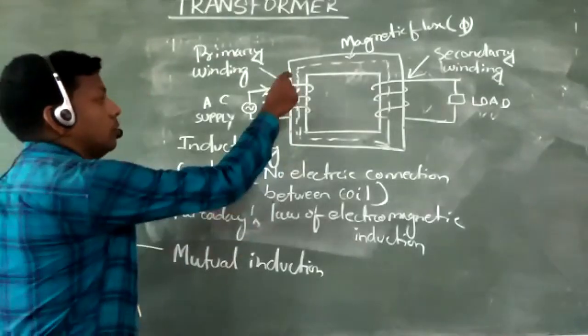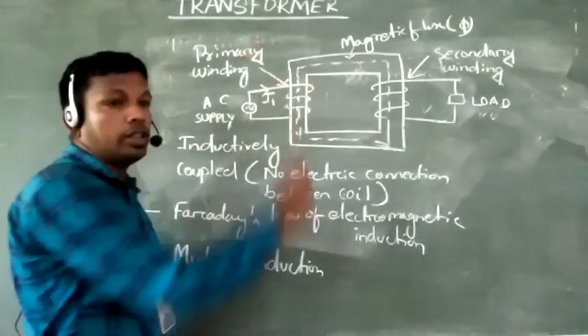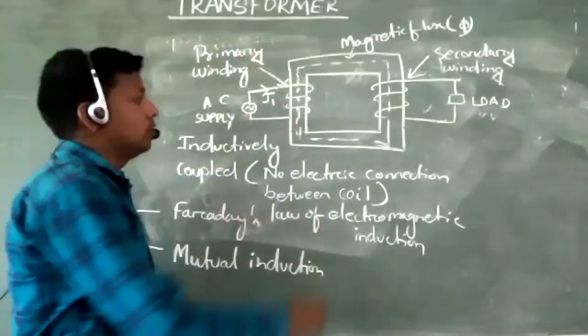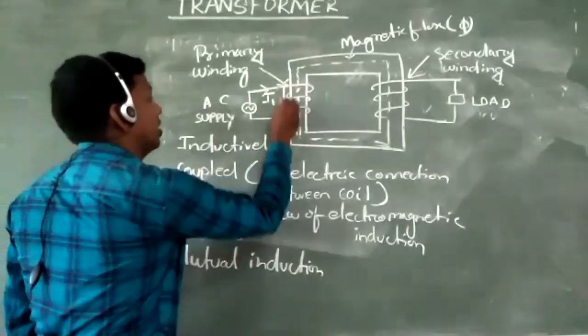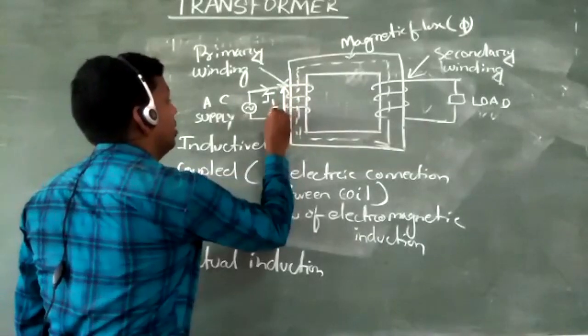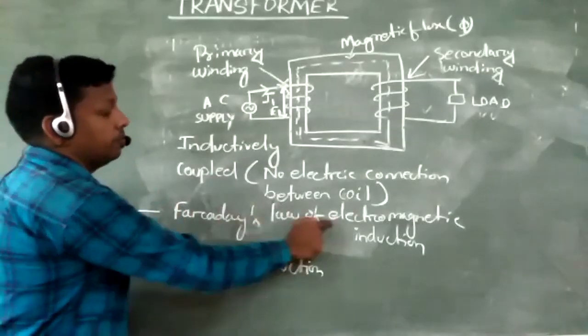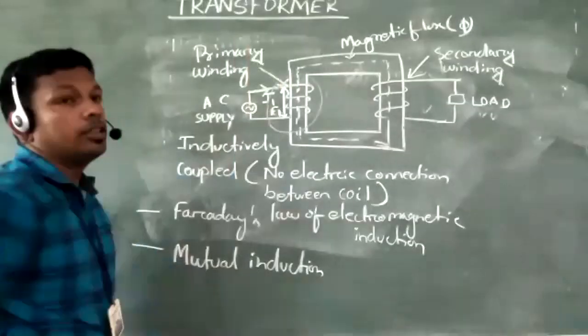So we found some flux in your primary winding which is linked to the core. Definitely it is an electrical circuit, so definitely some EMF is induced. Let it be E1 in your primary winding. So based upon Faraday's law of electromagnetic induction, E1 is set up in your primary winding.